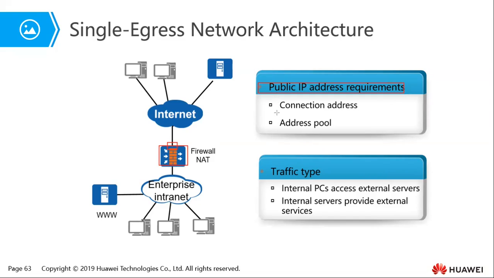We will require a public IP address. The connection address, the address that is connecting us to the internet, must be a public address that will be assigned to this interface. Most of the time, you connect to your ISP using a public IP address that is a /30.